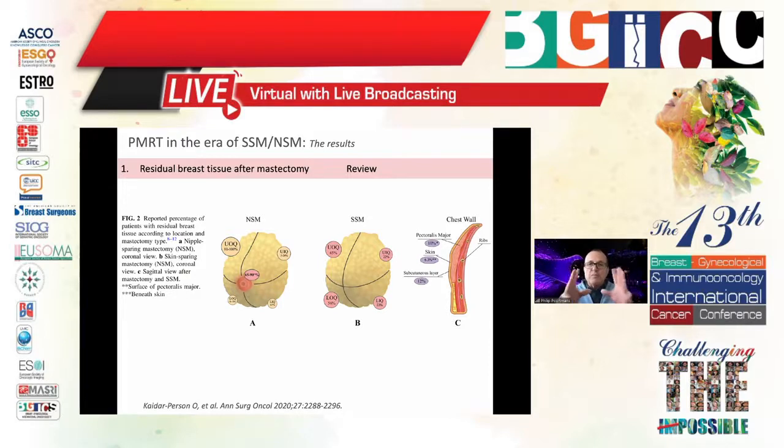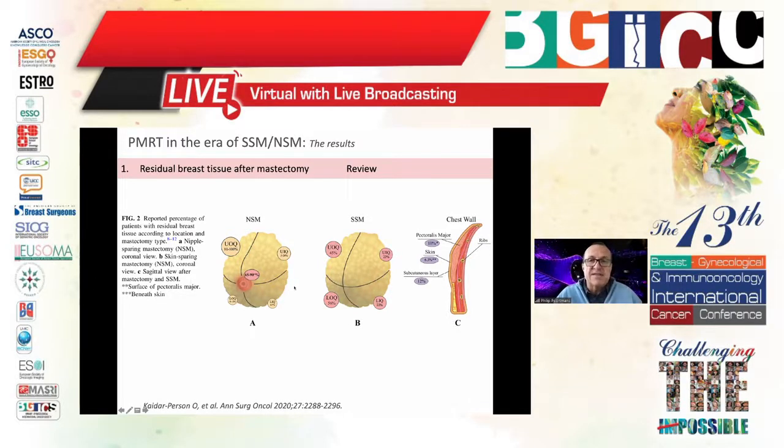There are two groups of patients. One group is a patient who has cancer, so then you can have a risk of a new cancer in the residual breast tissue. And secondary, you can have the draining lymphatics that contain cancer cells in those patients.